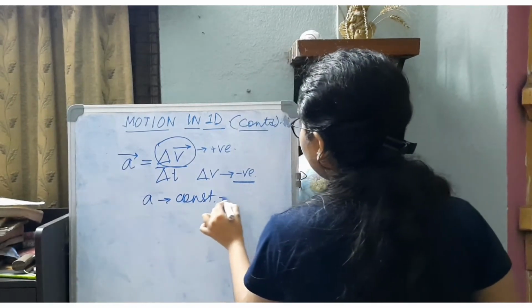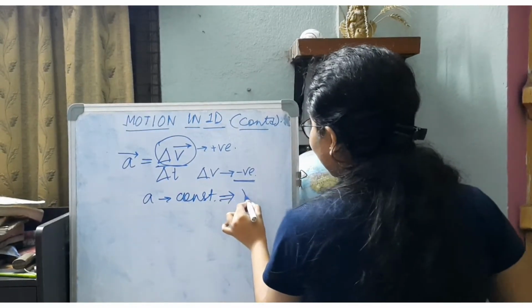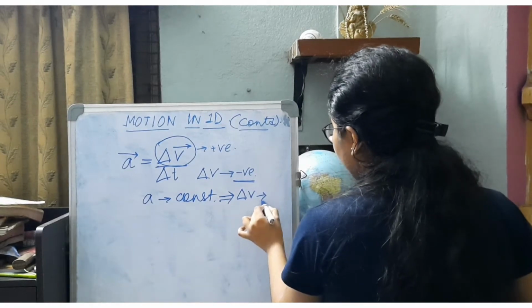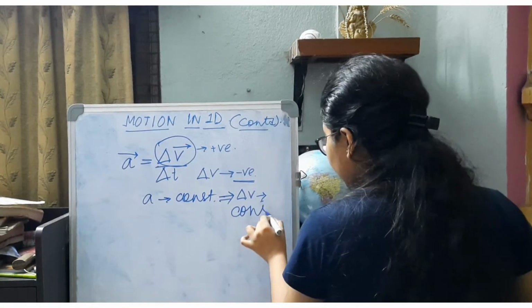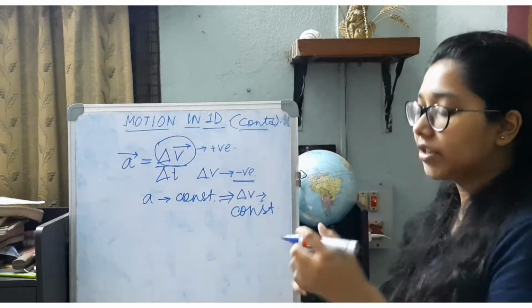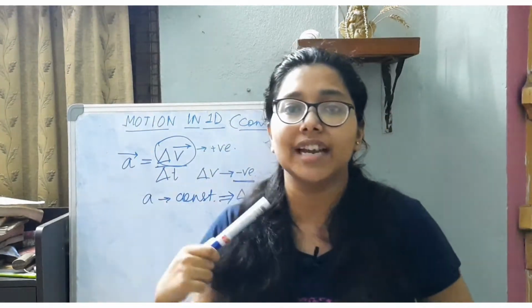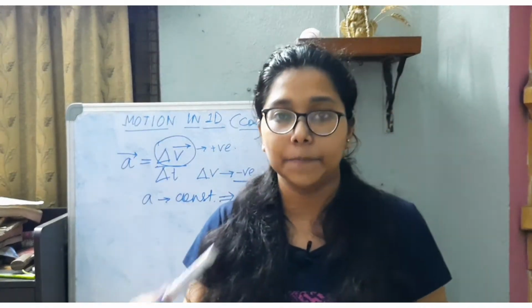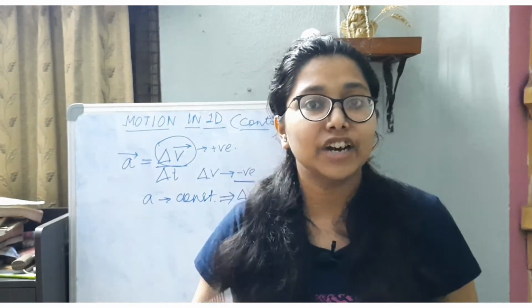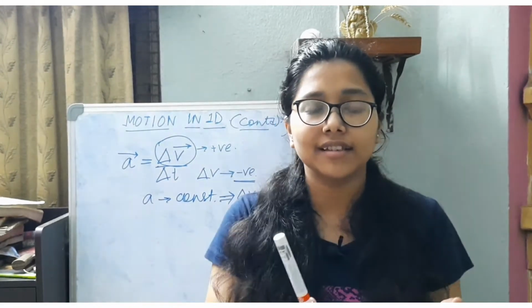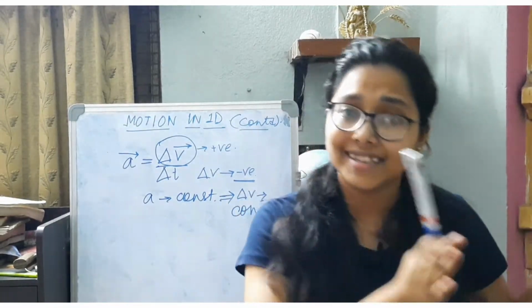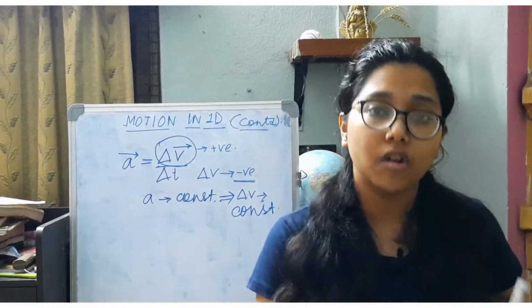This implies that delta v is constant. What is delta v? The change in velocity. That means the change in velocity over a certain interval of time remains constant, and for the next same interval it also remains constant.